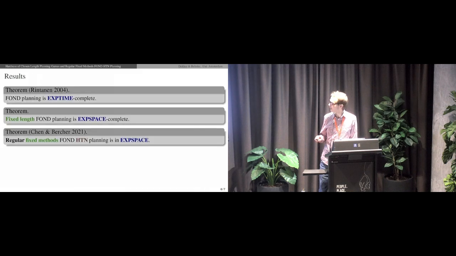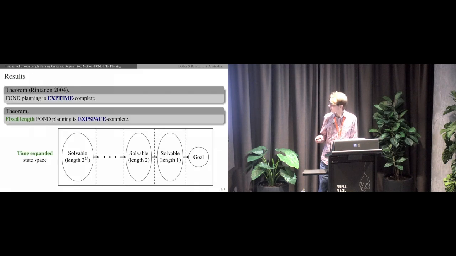Yeah, in EXPSPACE. EXPTIME even, right? Because then you can stop at 2 to the power of the input. Yes, so you can stop earlier. So that makes it EXPTIME, and probably also EXPTIME-hard. Yeah, hardness for this, I think.